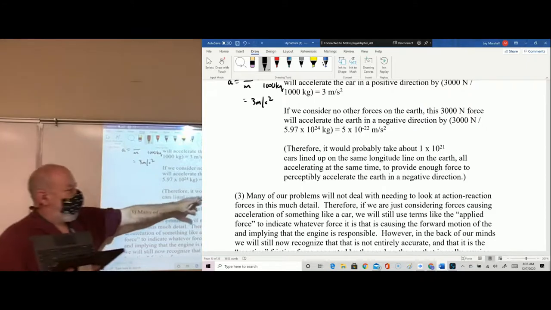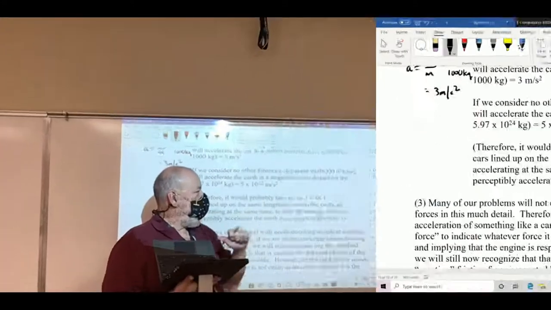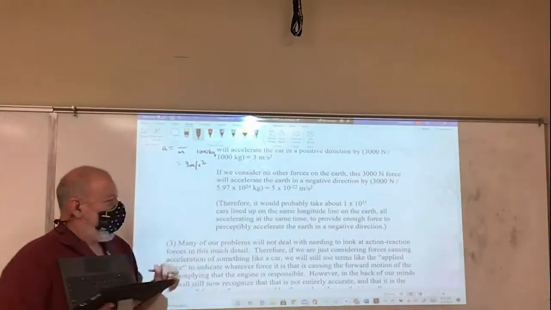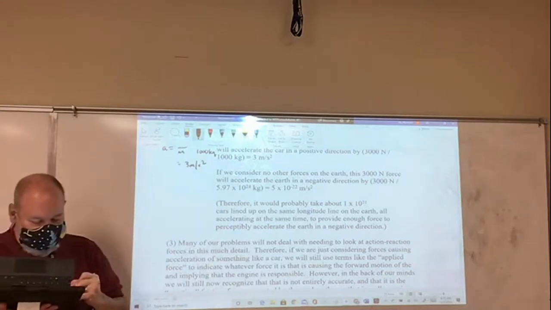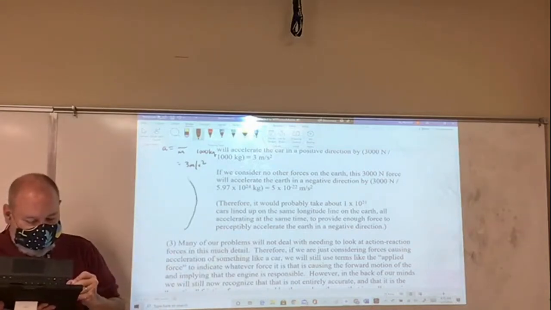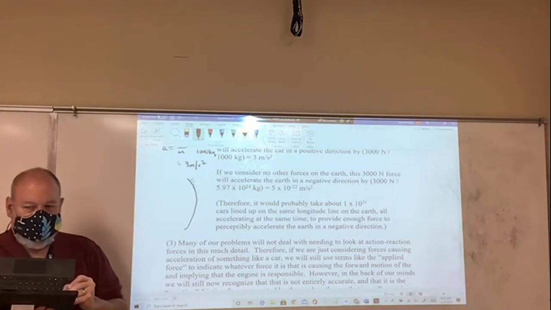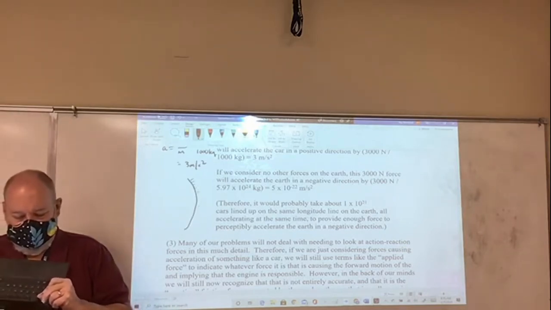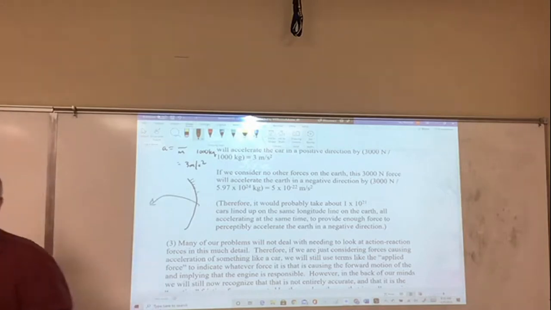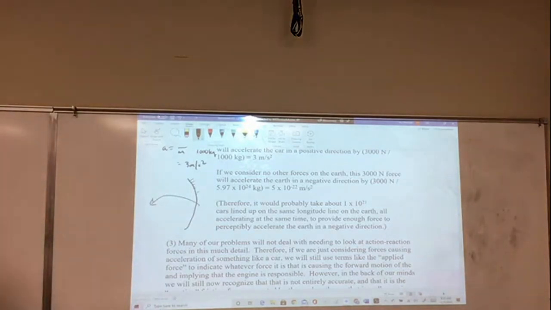Let's go out and get 100 quintillion cars and line them up along the same line of the Earth, right? And then have them all accelerate at the same time, and we could literally turn the Earth backwards. Are there even that many cars?